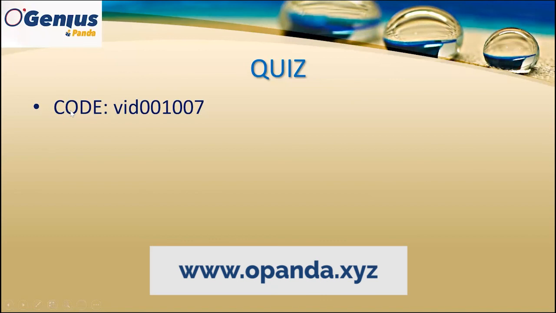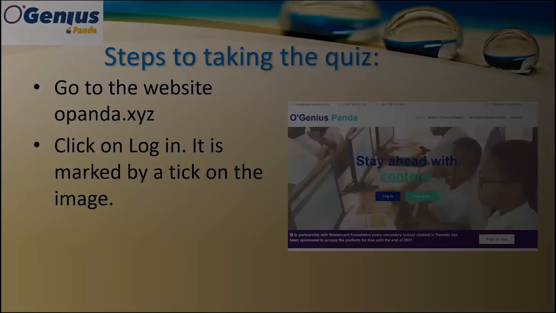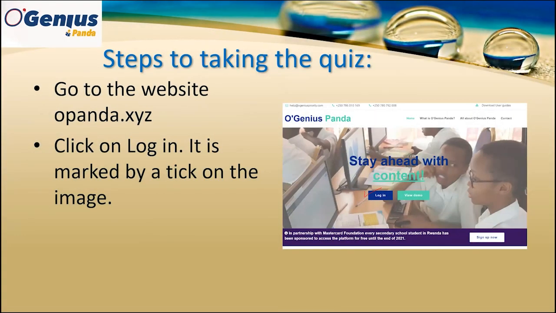Now that we have finished the explanation of how this lab simulation works and the concept behind concentrations, if you are ready, now it's time for you to take the quiz which has this code, VID 001007. For some who may be taking this quiz for the first time, here are the steps you have to follow when taking the quiz.